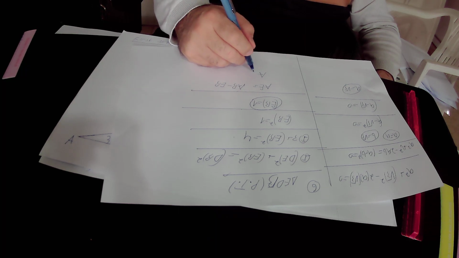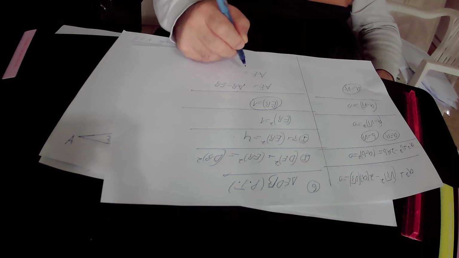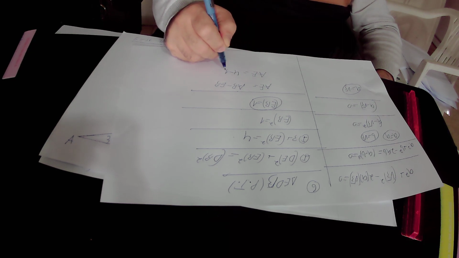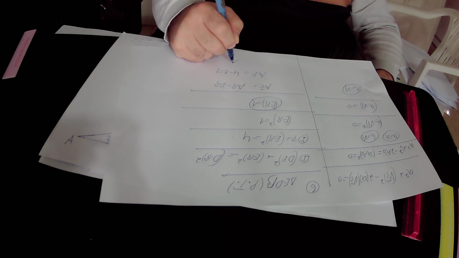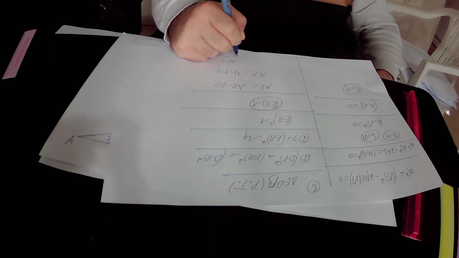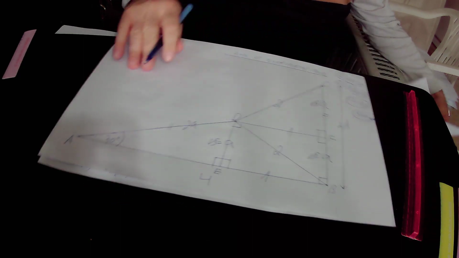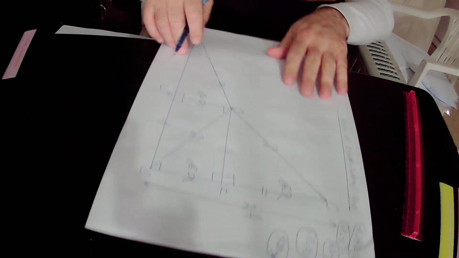So AE equals AB minus EB. AB is 4 units, EB is 1 unit, so 4 minus 1 is 3. So we found that AE equals 3 units. We can write here that AE equals 3 units.